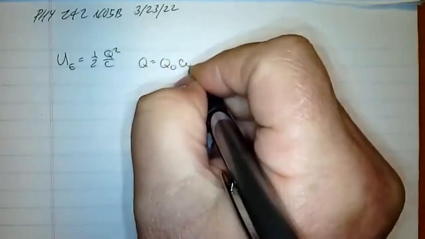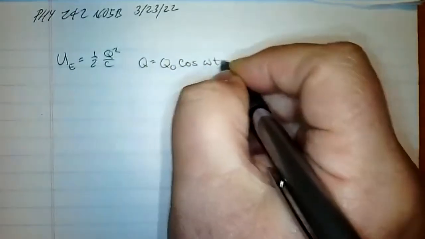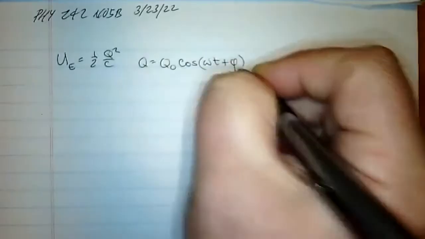All right, so first off, we have the energy stored in the electric field. The energy stored in the electric field, U sub E, if you remember from our capacitance days, is 1/2 Q squared over C, but we also had that Q is equal to Q0 cosine(omega t plus phi).